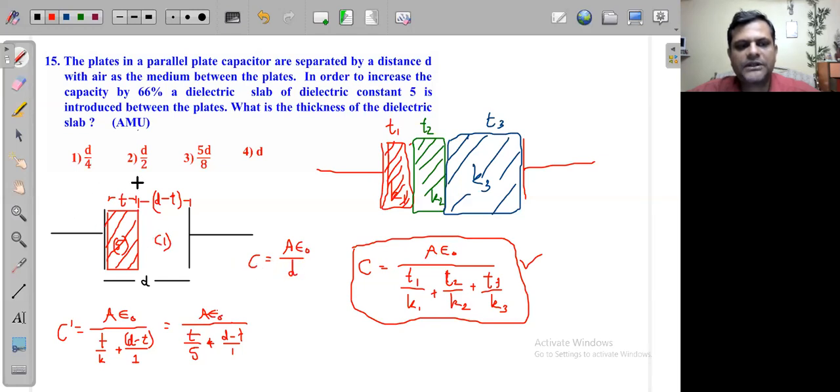बट एज इट इज गिवन हियर दैट in order to increase the capacity by 66%, what does it mean? That the new capacitance here is going to be 66% greater than the original one.